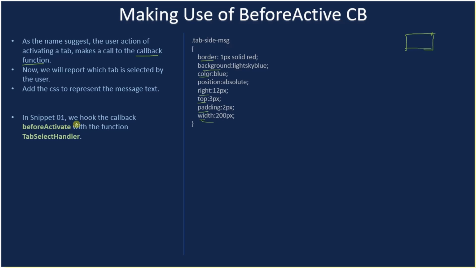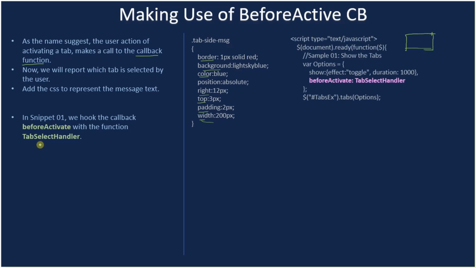In snippet 1, we hook the callback BeforeActivate with the function tab select handler. You can look at here, we have the action, and we are making use of our previous example.